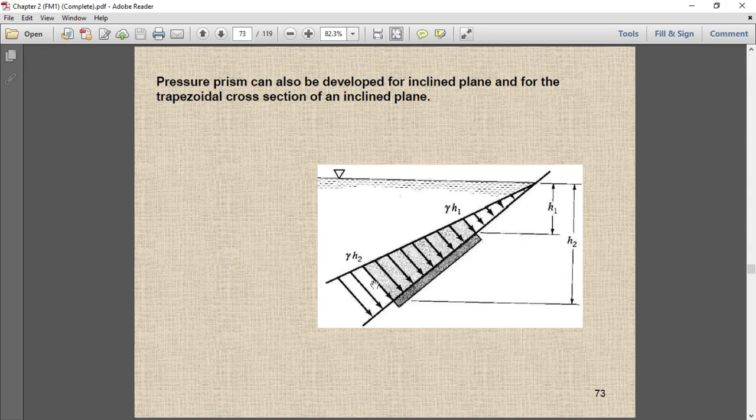You can make it into two parts from here to here if you know this height, and if you know this height, you can calculate gamma h1 and gamma h2. So make the distribution into two: one is the uniform pressure distribution, and the other is the varying pressure distribution. Based on that you can calculate the net resultant force acting on the flat surface and its location as well.